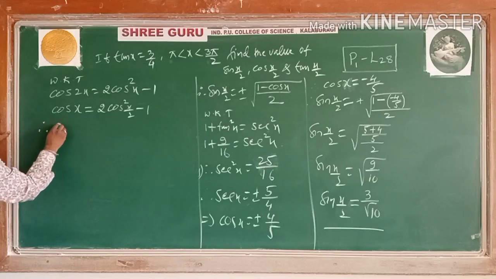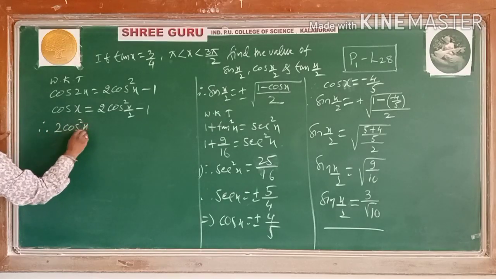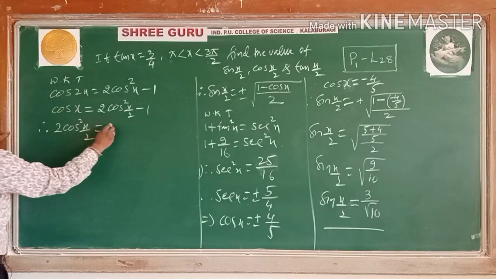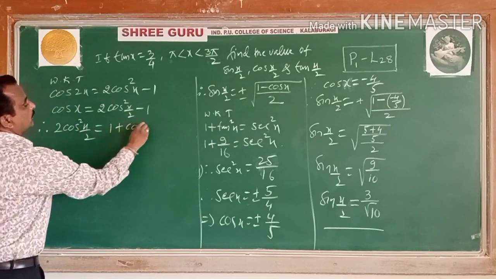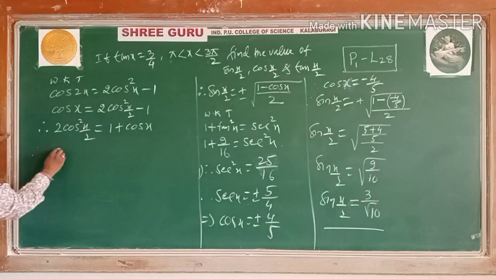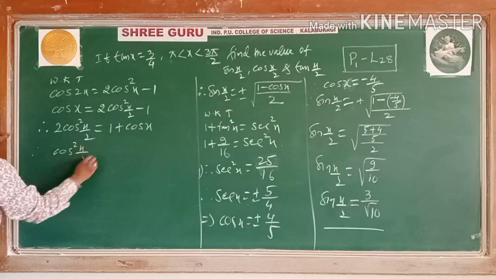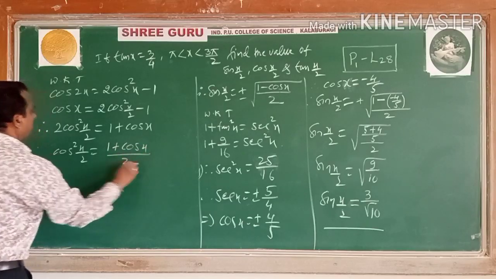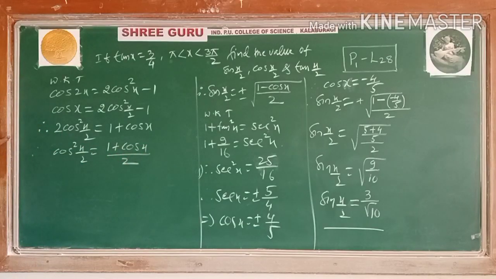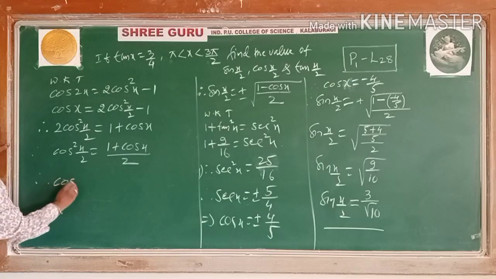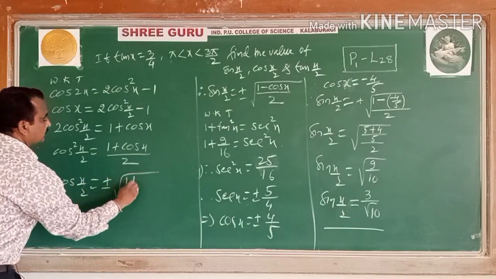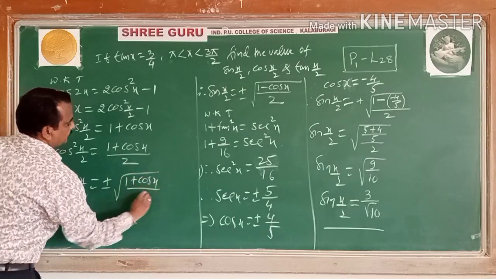Therefore 2 cos square x by 2 is equal to this, taking minus 1 to this side, 1 plus cos x. Therefore cos square x by 2 is equal to 1 plus cos x divided by 2.